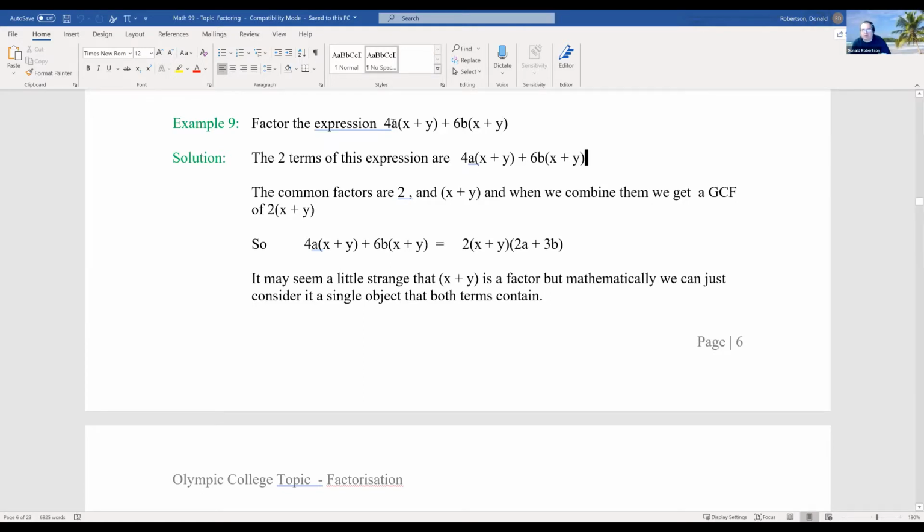What you've got to realize is that even something like x plus y is a common factor. If you pull x plus y out as a common factor, and while you're at it, maybe pull out a 2, can you see that the 2 gets used up, a is left over, and the rest is gone? So this is what you would end up with.